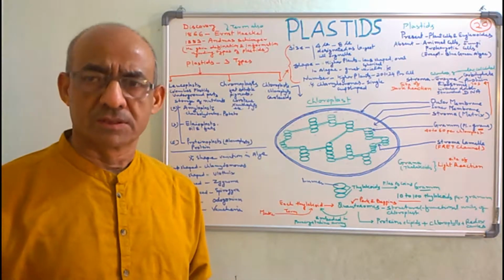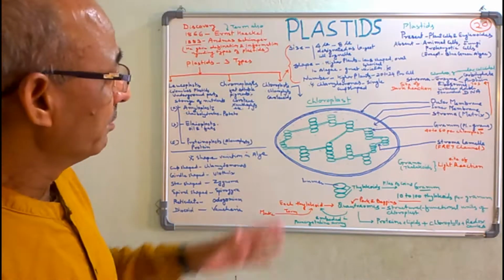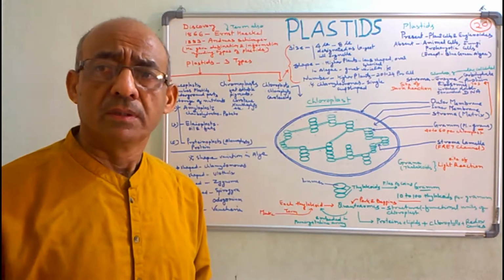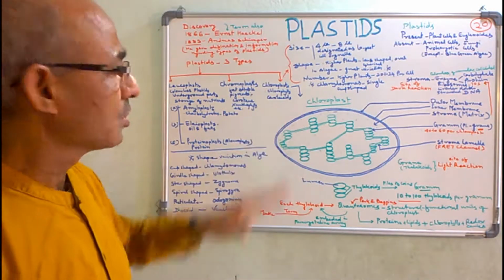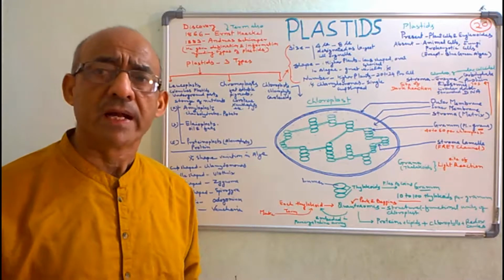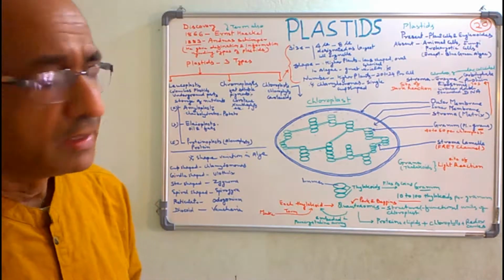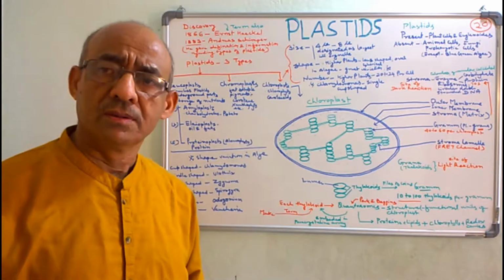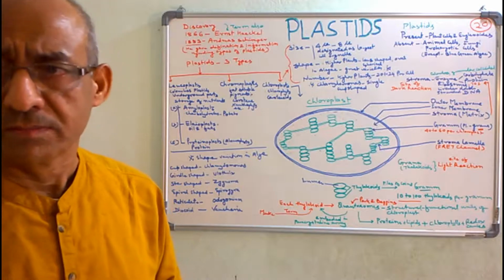Now we will discuss the chloroplasts. Chloroplasts are very important type of plastids. They are also called photosynthetic cell organelles because they help in photosynthesis.